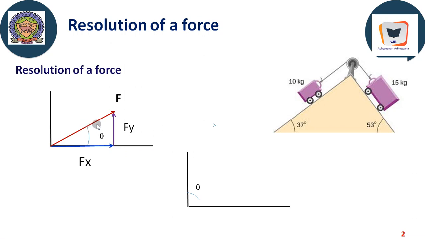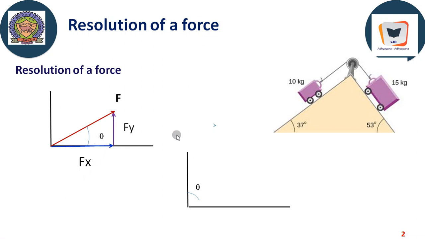Therefore, an inclined force is to be seen as having an effect in the horizontal direction and vertical direction. That means this force can be removed if and only if the horizontal effect and vertical effect of this force are retained.